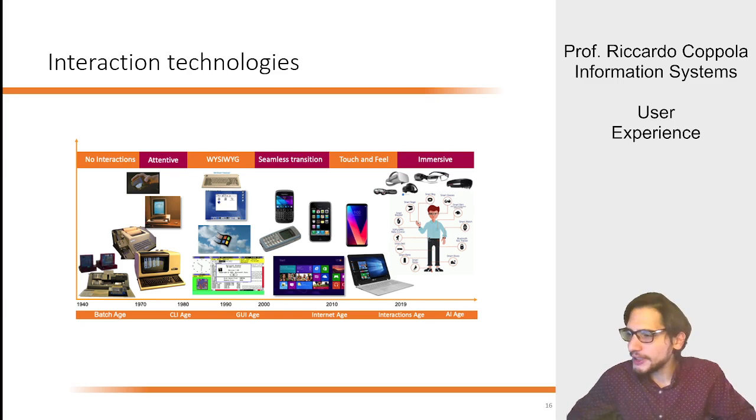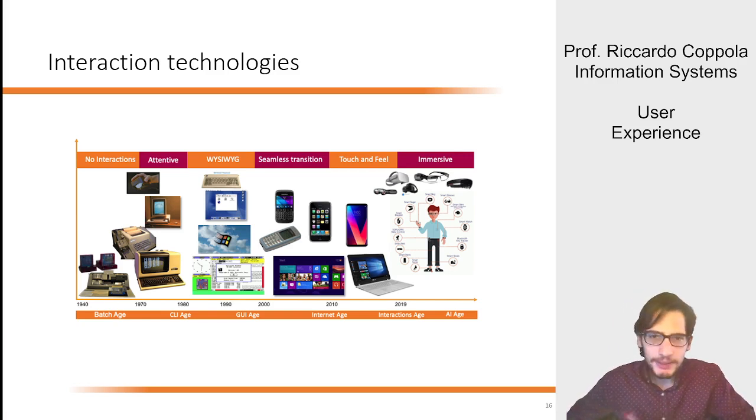The first systems that we had to interact with computer systems and information systems were the batch mechanism and the terminals, and we got to the graphical user interface age. And in the graphical user interface age, we had the advent of personal computers, with Windows in the 90s.